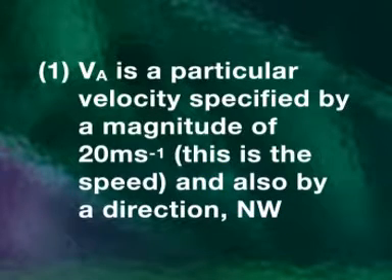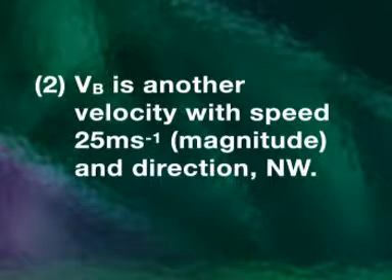VA is a particular velocity specified by a magnitude of 20 meters per second. This is the speed, and also by a direction, northwest. VB is another velocity with speed 25 meters per second, magnitude, and direction northwest.